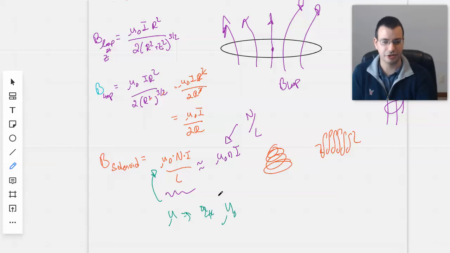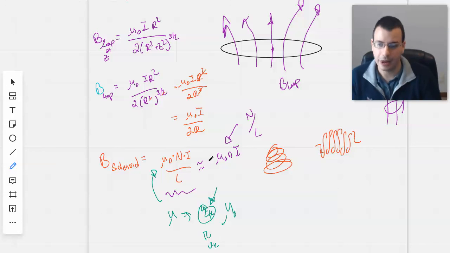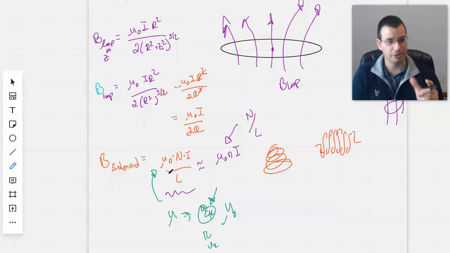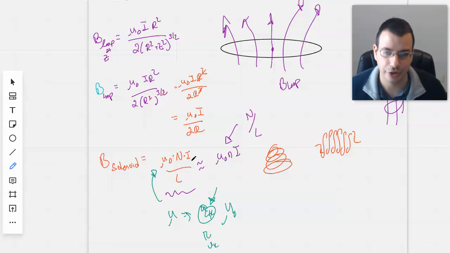So you have a factor that you can look up. I don't know if it's a K or if it's a mu something. Iron core, more efficient. So that mu naught right there can change a little bit depending on which application you're talking about. But the general formula for a solenoid will be mu naught times number of loops times the current going through divided by the length of the solenoid.